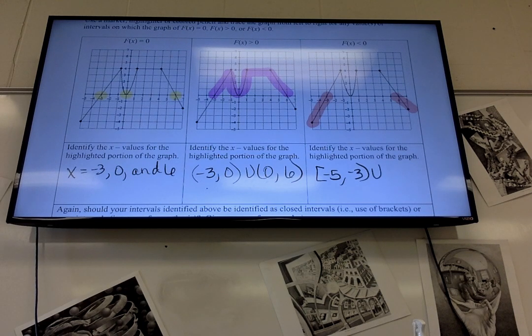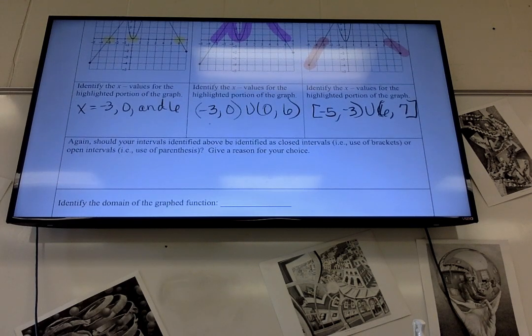And I cannot include 6. But I can include 7. So this second part is again talking about whether those should be open circles or open parentheses or brackets closed. They actually can be either.